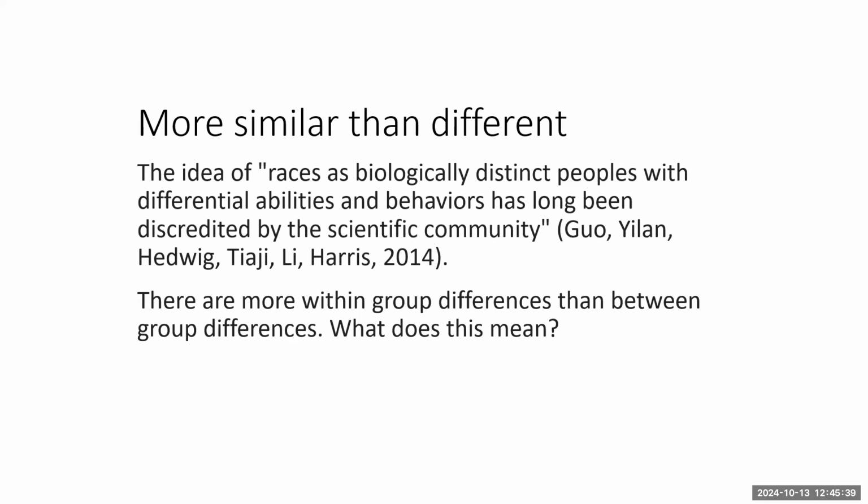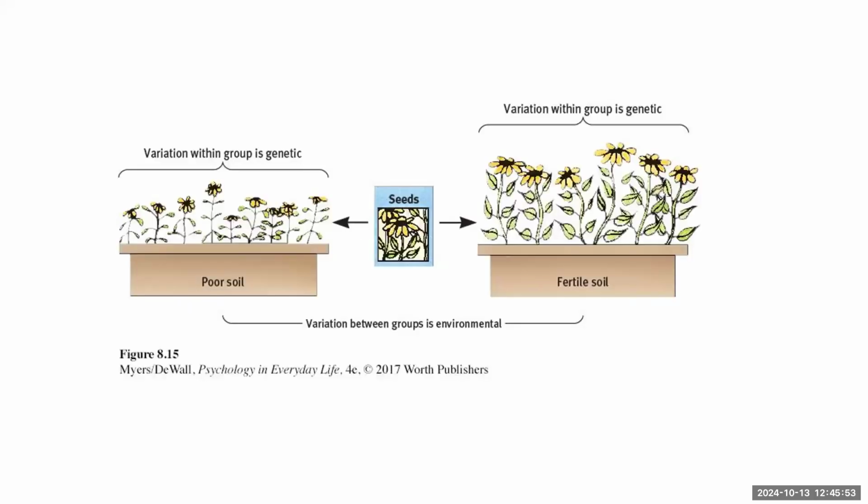As I was saying, we are more similar than different when we compare DNA of people of different races. So there tends to be more within group differences than between group differences. Let me show you what that means. Here are two pots of flowers. Within each pot, each flower is a different size.